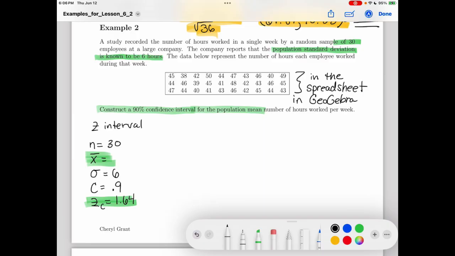So we found that our confidence interval has a lower limit of 42.13 when we round it to two places, and our upper limit is 45.74.